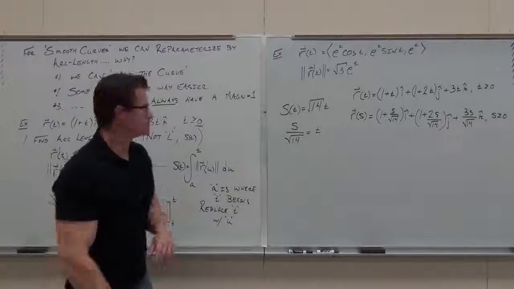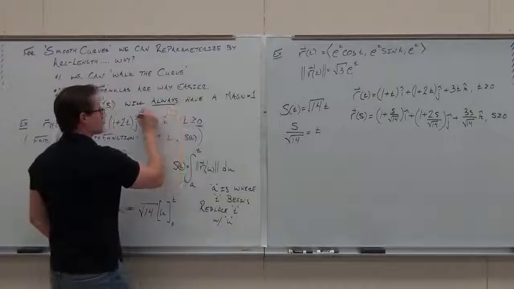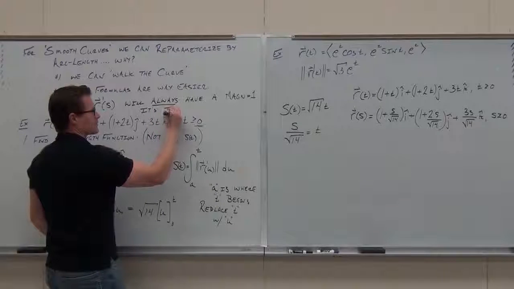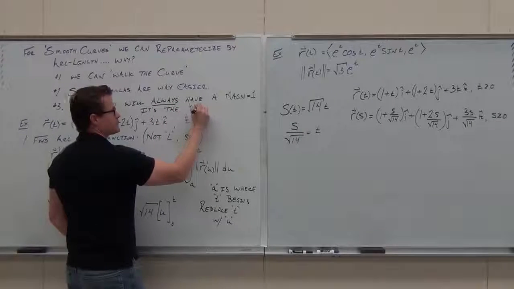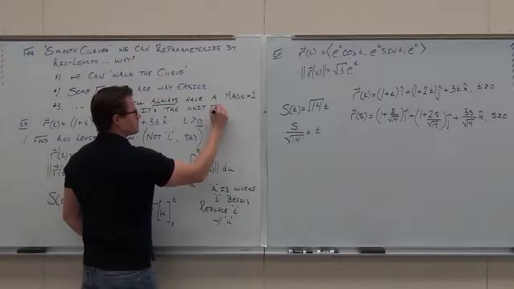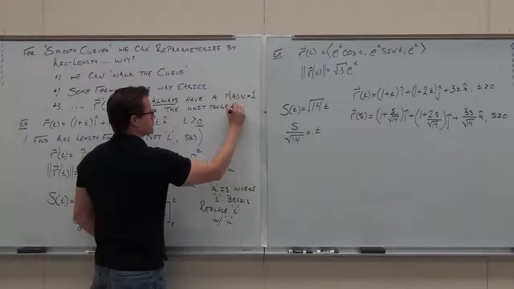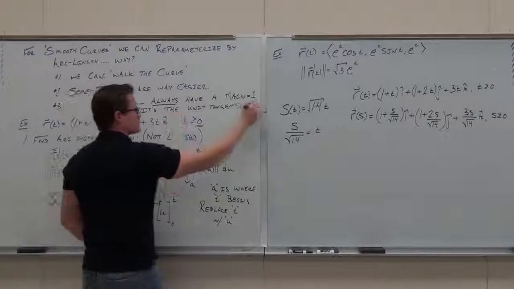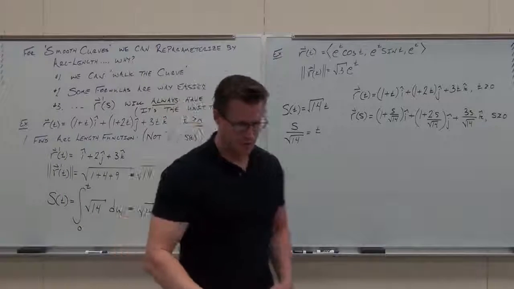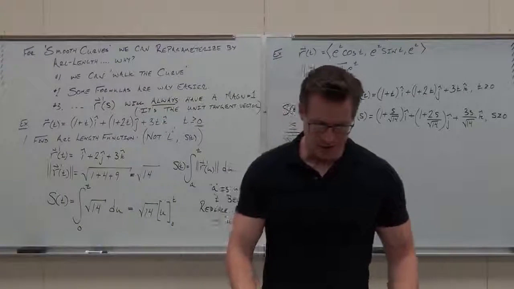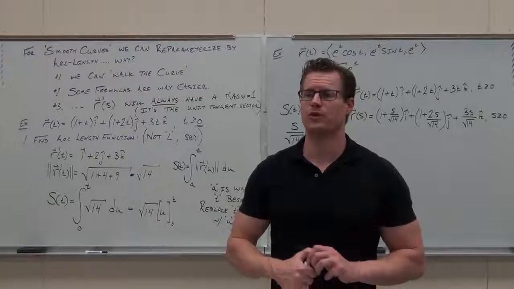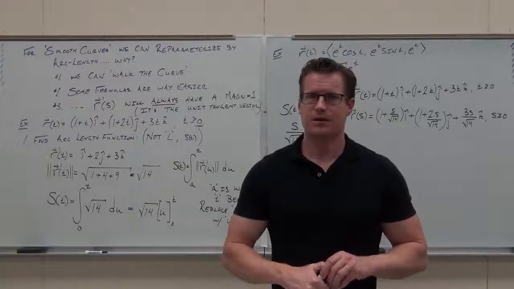In other words, it's the unit tangent. And the unit tangent, we're going to discover throughout the course of this chapter, is really important for us. That's the whole shebang.